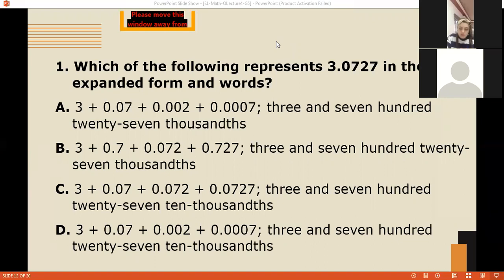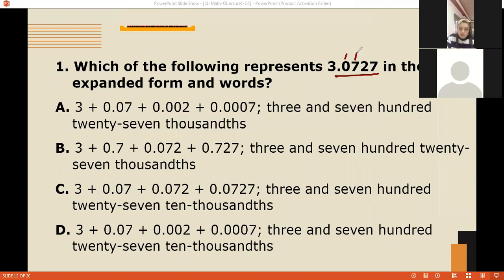3 plus... we are writing it in word form, huh? 3 and 7... 3 and 72... 727. 727 what? What's the digit that we reached? This is the tenths, right?